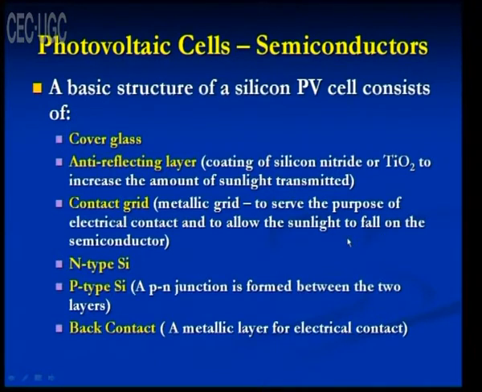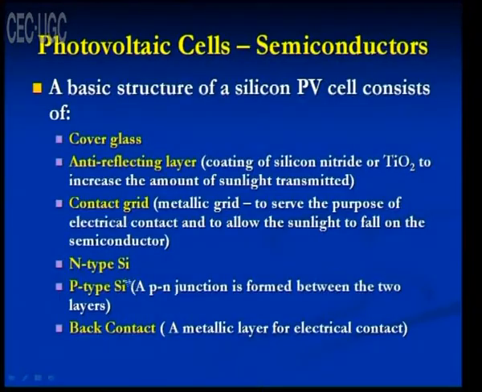So, this layer plays a dual role. One is to connect the electrons for electronic conduction. At the same time, it allows the sunlight to easily fall onto the bottom layer where the excitation is going to take place for the electrons in the atoms present in the lower layer.